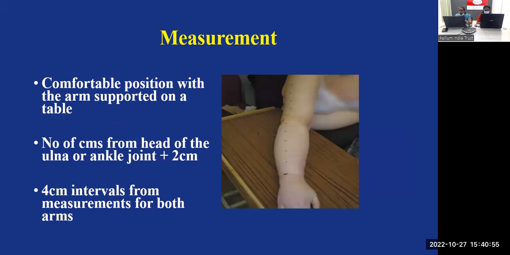Before doing the massage, before doing the manual lymphatic drainage, you have to take a measurement. You have to measure both limbs, because we don't know how much limb enlargement is there.